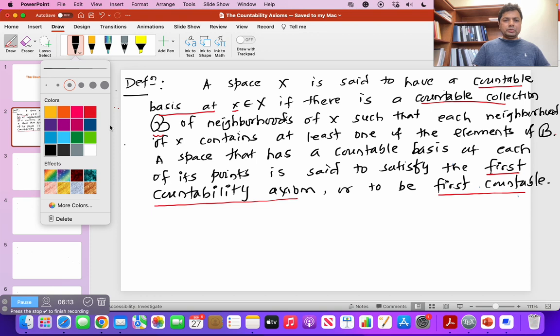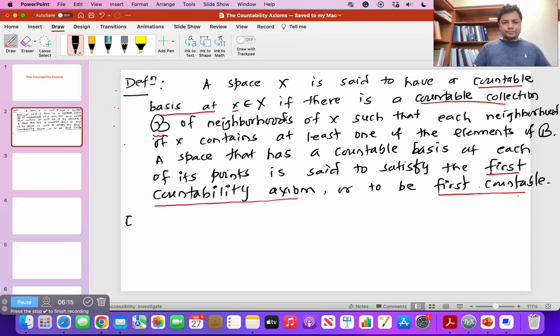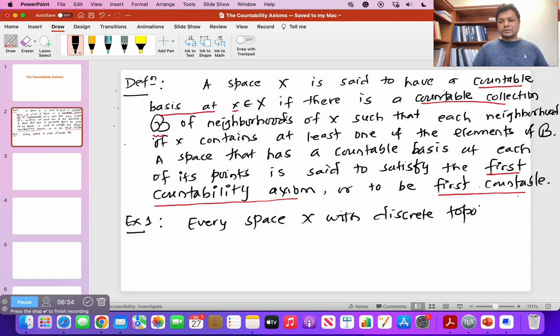Now let me give you an example of a first countable space. Every topological space X with a discrete topology is first countable.